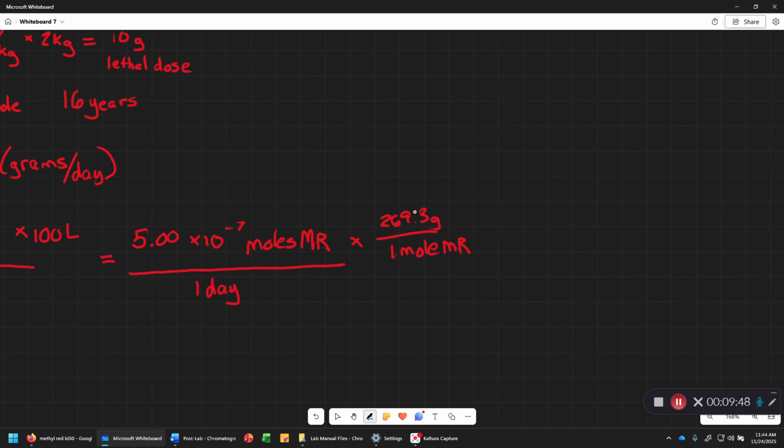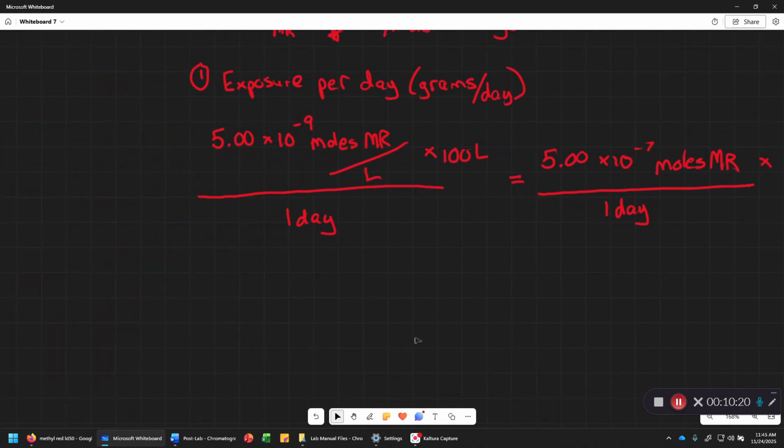We're going to be left with grams on the top and per day on the bottom. What we get on the calculator is 1.35 times 10 to the minus 4, a very small number of grams per day, but we have to factor in the lifespan of the fish. So we have 1.35 times 10 to the minus 4 grams for every day the fish is alive.